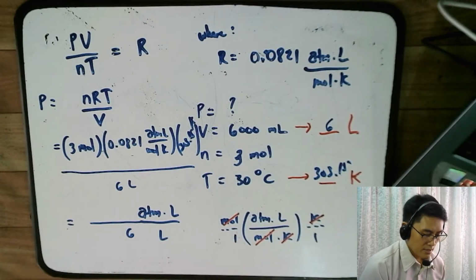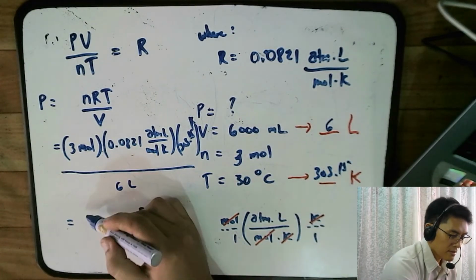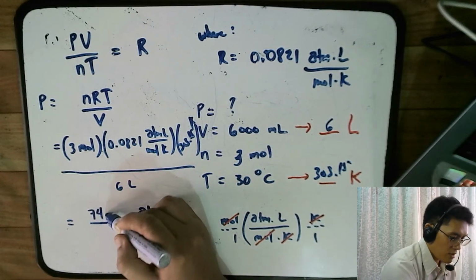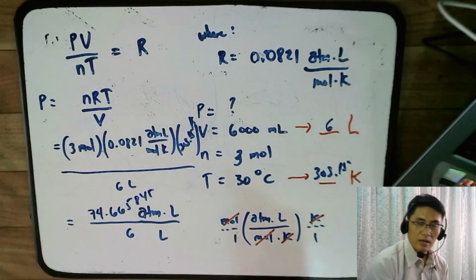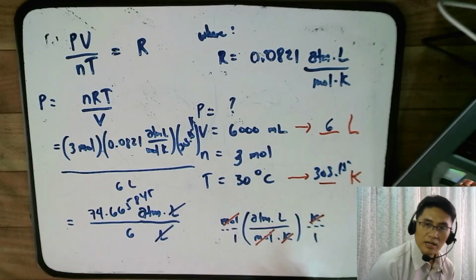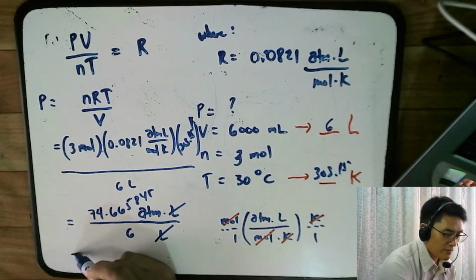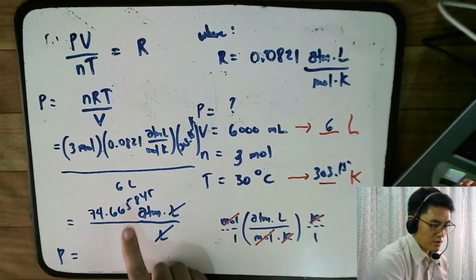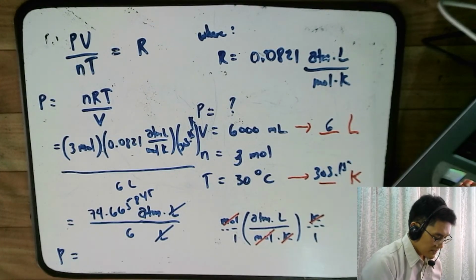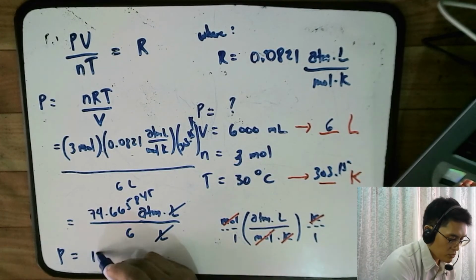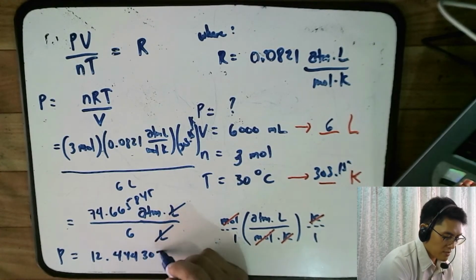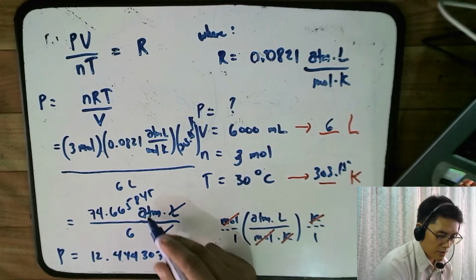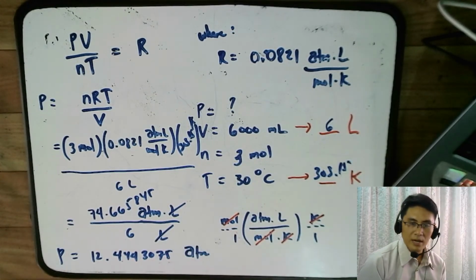So that gives me 74.665845 atm liter. And as you notice, the liter cancels out, right? And then finally you have the pressure, which is now this one divided by 6. So divided by 6. So the answer would be 12.444375, and then what is left is atm, right?